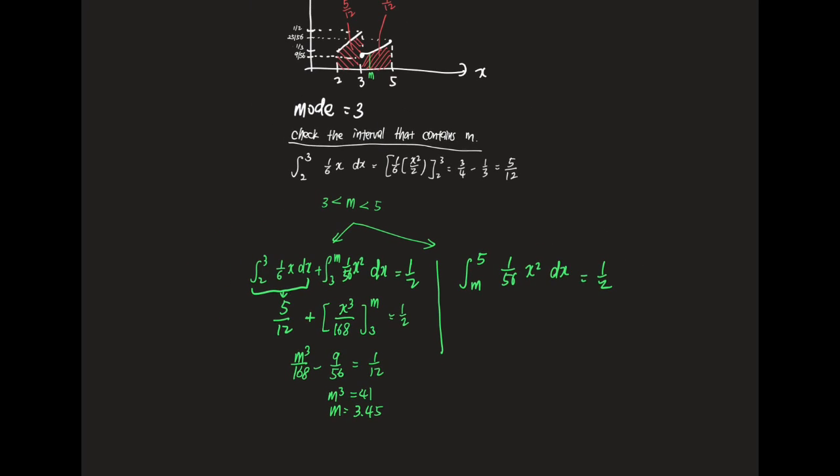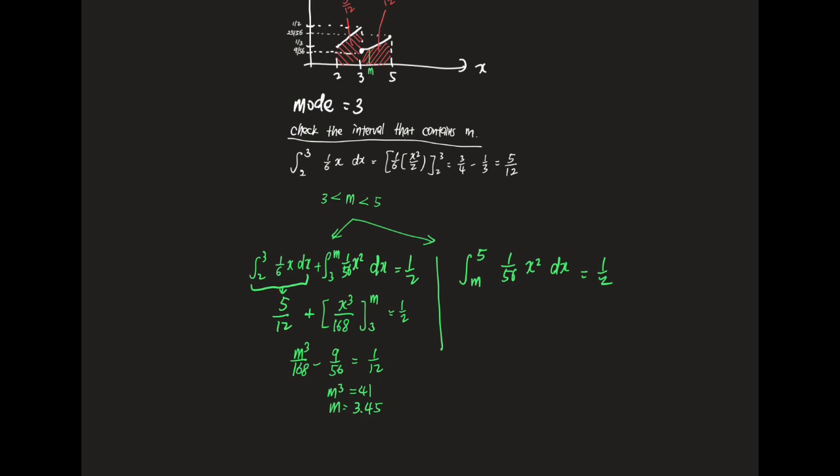3.45 reasonable or not? Reasonable, I see. Should be around 3 to 5, right? Based on our analysis, 3 to 5. Now you get 3.45. Reasonable. Okay. You can also use this. So the working will be like this. Integrate x cubed over 168, 5 to m equal to 1 over 2.